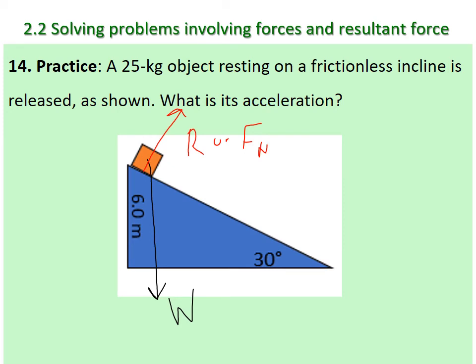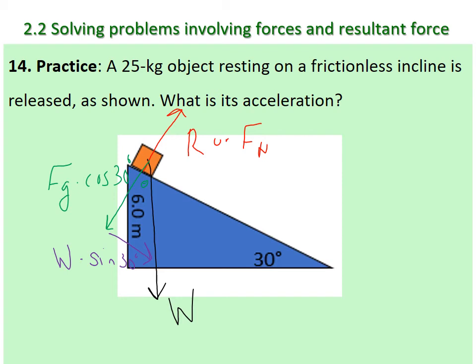We have this component of the weight that actually gives rise to that, which is Fg or W times cosine 30 degrees. And then we have the force that's parallel to the incline, and this is the component of gravity that actually accelerates the object down the ramp. So this component is weight, or Fg, weight times sine of 30 degrees.